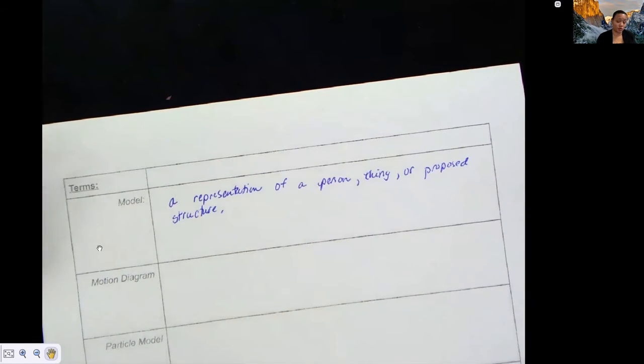So something like a model train, or you can draw or make a 3D model of an atom, all right? So they're representing something. Now, there are ways of representing motion that we are going to be talking about, right?